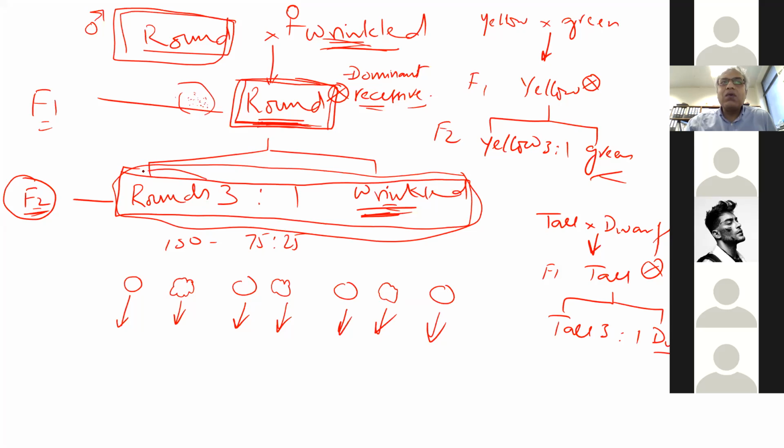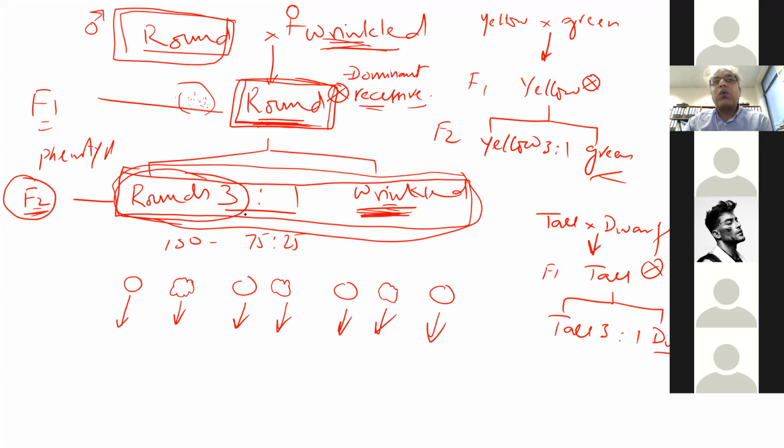And round, in terms of genetics, what precise word will you use, the term you will use for round or wrinkled? This is appearance. This is physical appearance. So what term will you use? Phenotype. This is a very important point.